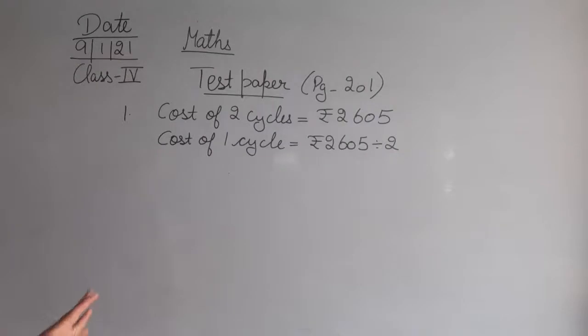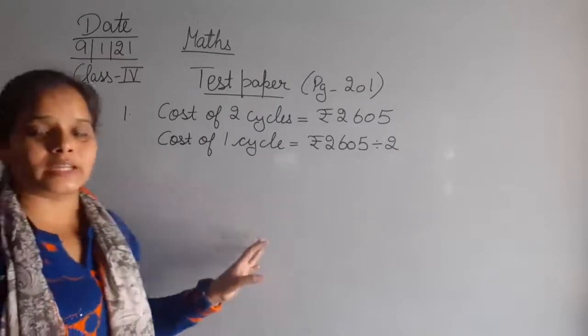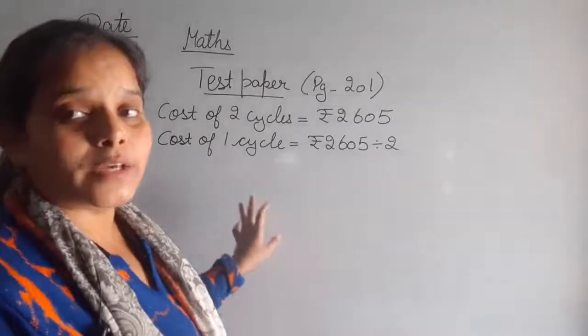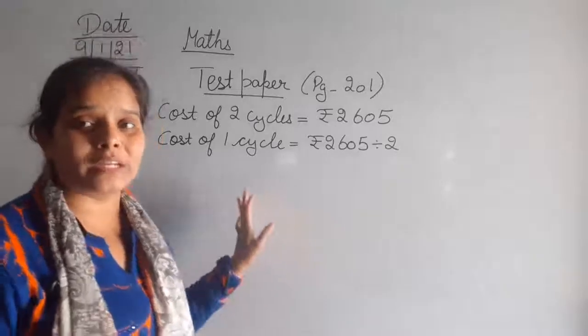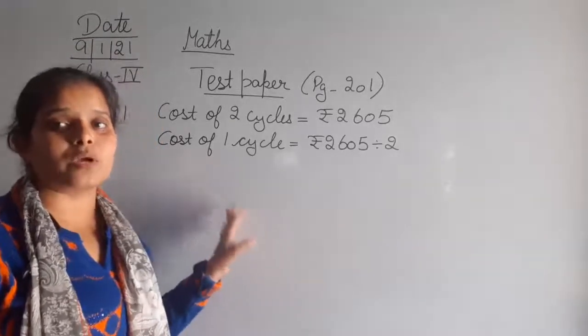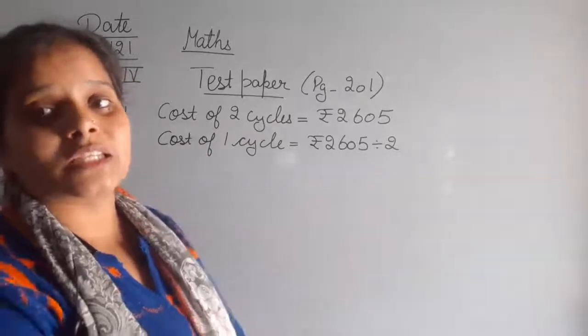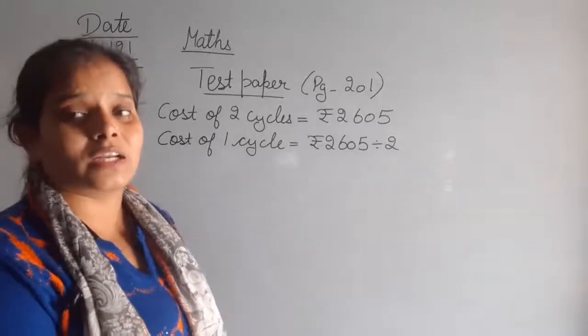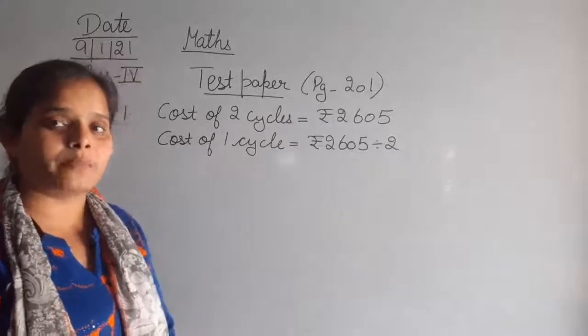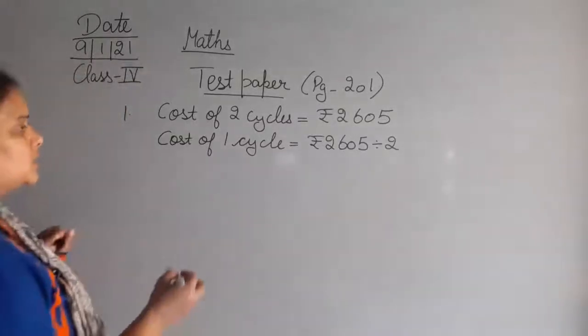You just calculate somewhere in rough and just give the answer. Beta, I have told you already so many times: whenever you do any kind of calculation, you are going to show it. Whether it's a division, multiplication, or whatever it is, always show it.